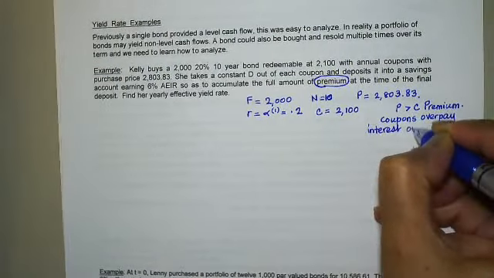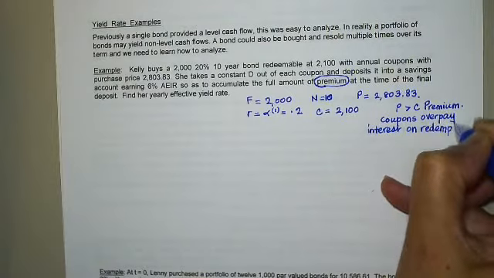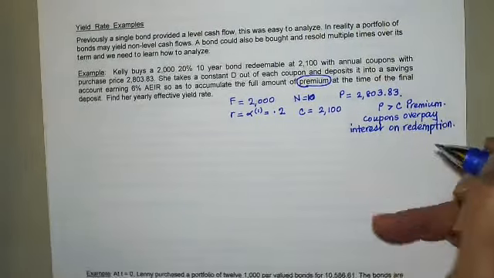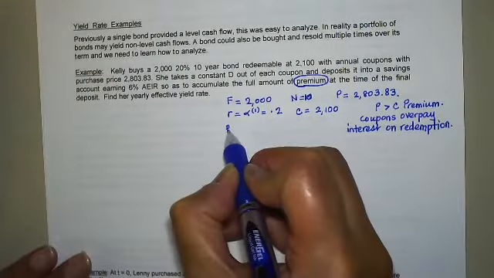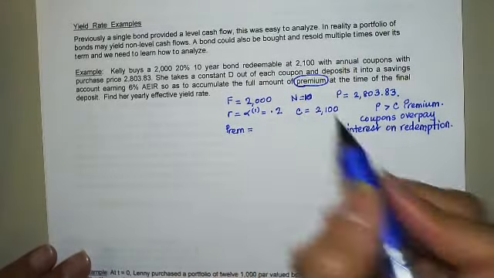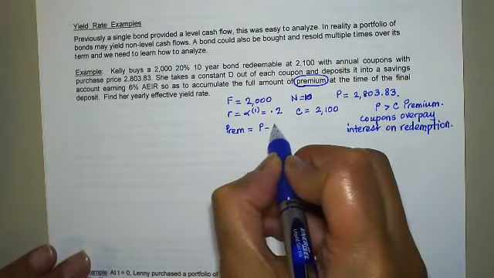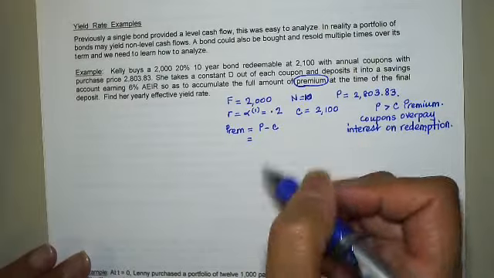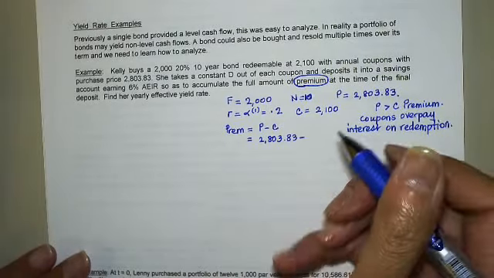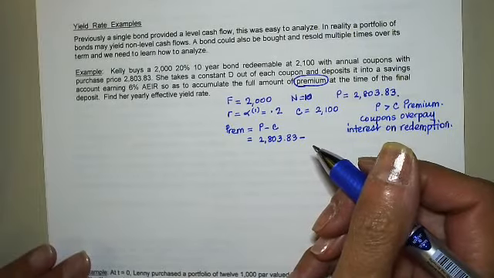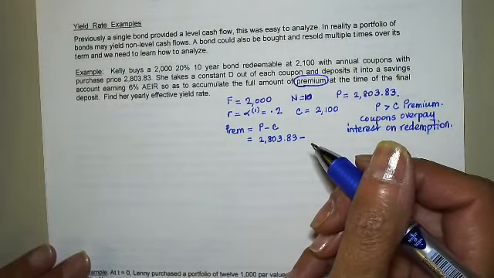Is it a premium bond or a discount bond? Premium bond. Yep. P greater than C. Premium. So she needs to accumulate the premium, right? How much is the premium?